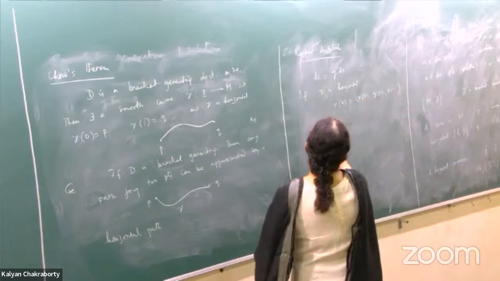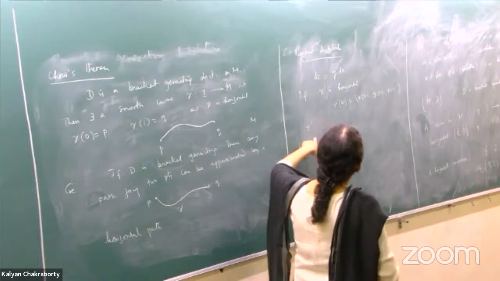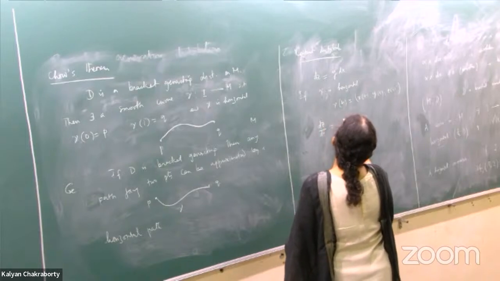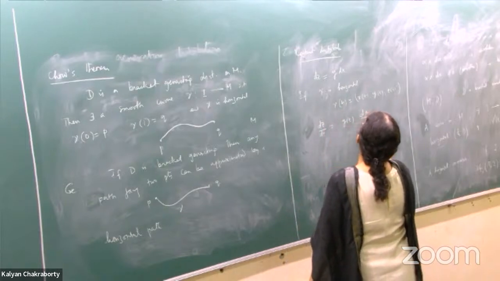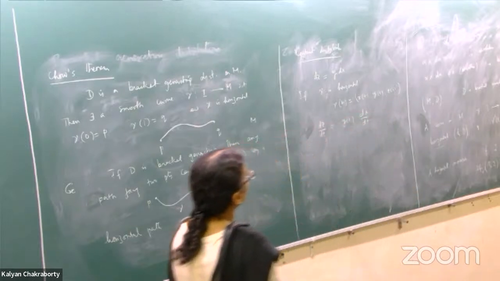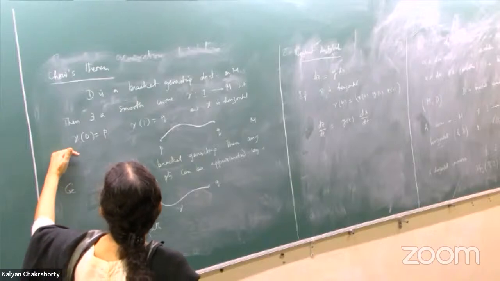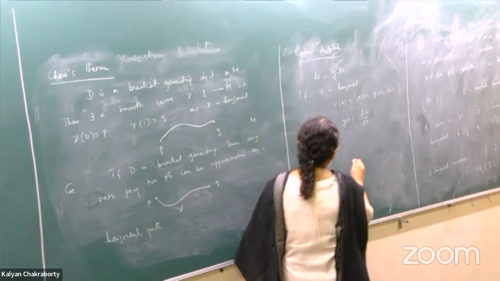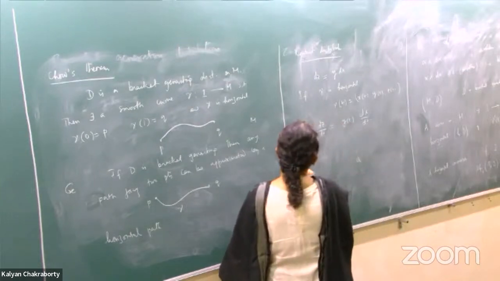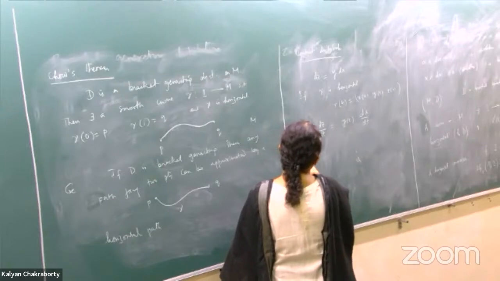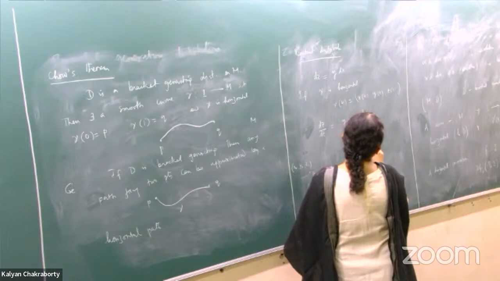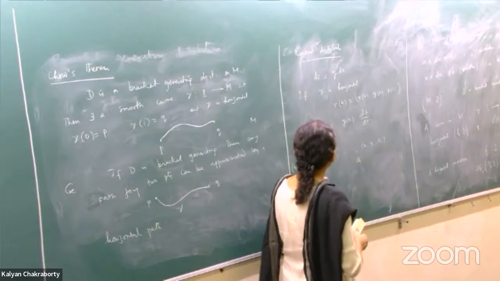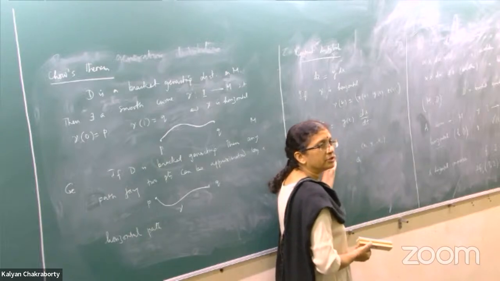And if gamma is horizontal, then gamma prime of t will be in the kernel of this form, which says that dz/dt is equal to y(t) x'(t). So the question addressed by Chow's theorem is, suppose you have two points, say P and Q, with P being x0, y0, z0, and Q being x1, y1, z1. Then whether you can join them by some curve which satisfies this differential equation.